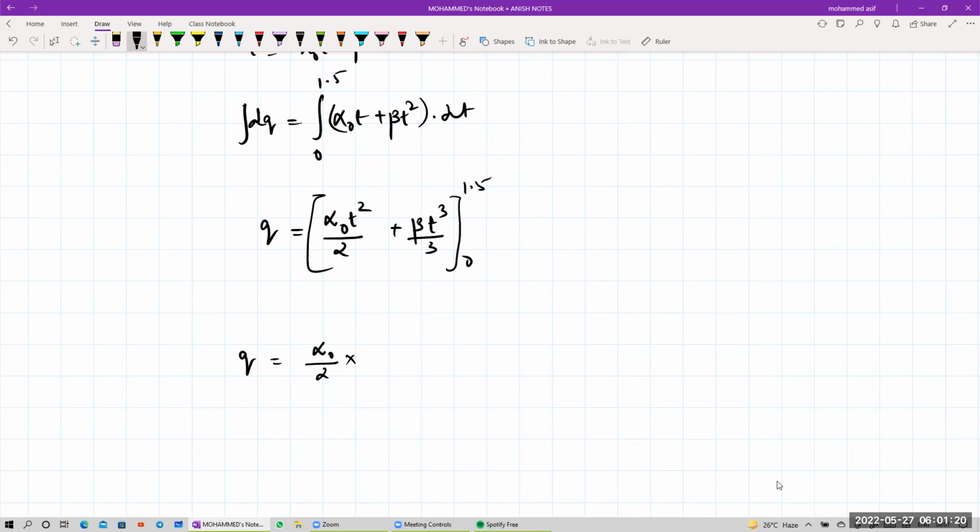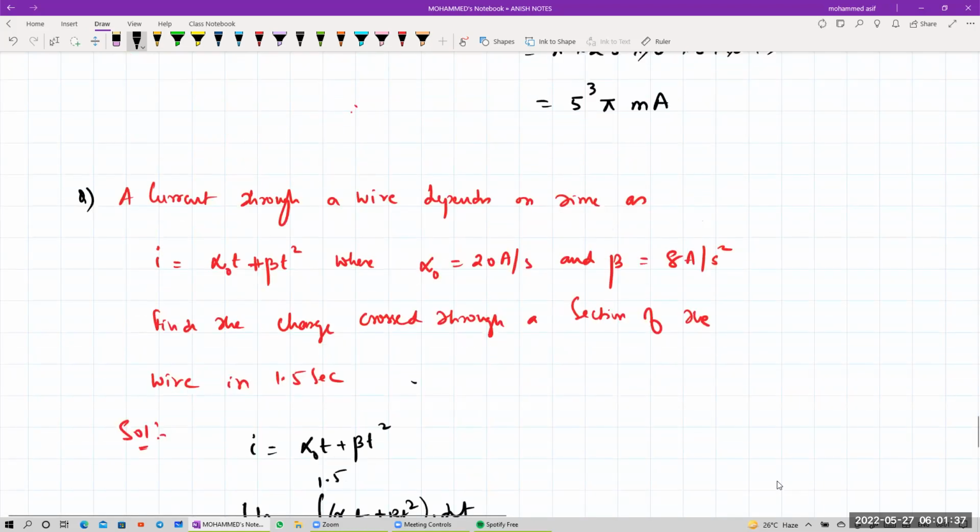Isn't it? 1.5 whole square is how much? 1.5 into 1.5 is 2.25. Instead of 1.5, you can take 15 seconds, it will be easy for me.